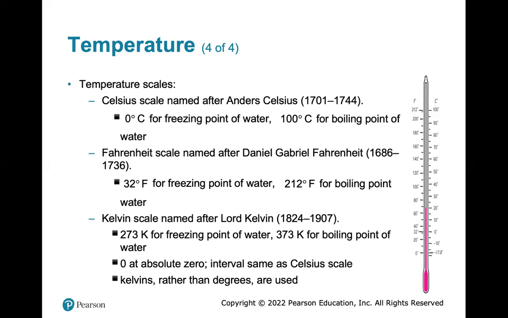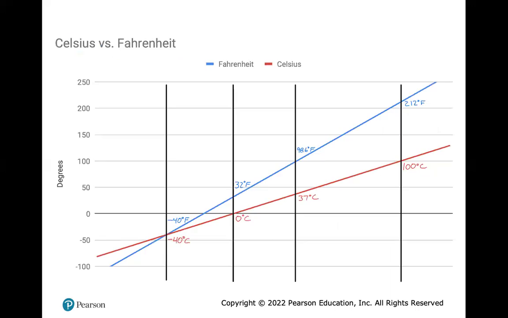Okay, now I've got a different scale here. I hope this doesn't confuse anybody. All this is how the scales go. There's another one that I didn't discuss on the previous slide because it didn't go that far, but minus 40 degrees Fahrenheit and minus 40 degrees Celsius are the same temperature.